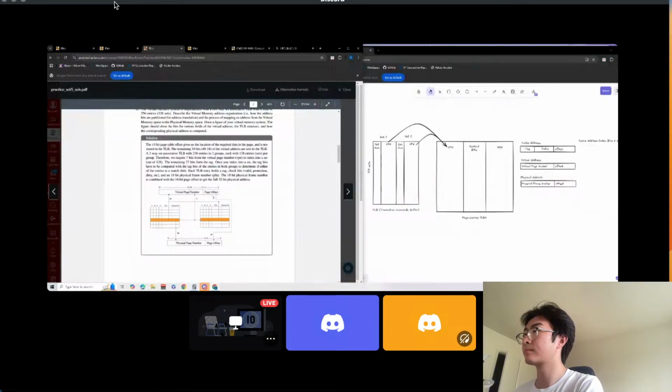So cache address would be 48 bits, right? Okay. And the reason maybe why this is 48 bits is because we're given a 48-bit virtual address space.